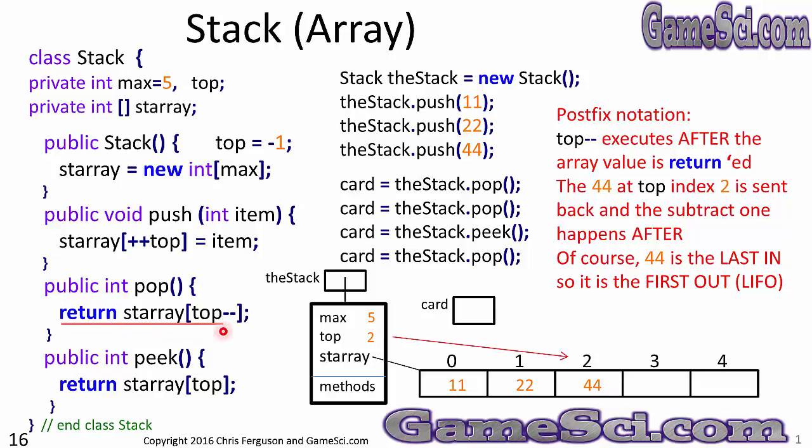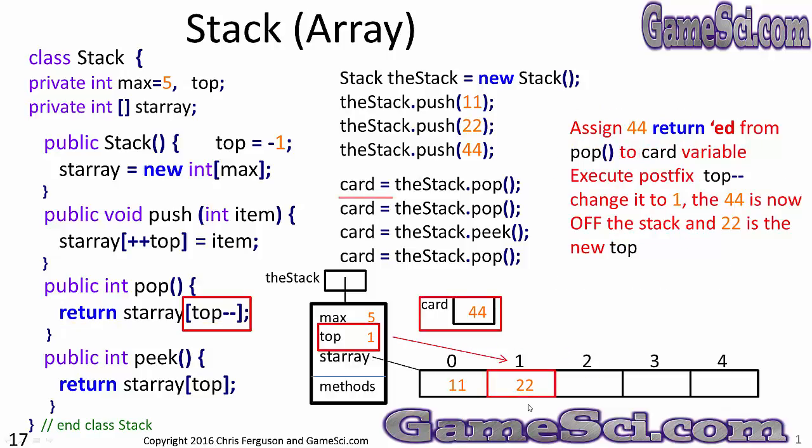We're going to do this return first, send it back, and then execute the minus minus. So we assign the 44 returned from pop to the card variable. Then we execute the postfix top minus minus, and we change it to the 1. The 44 is now off the stack, and 22 is the new top.